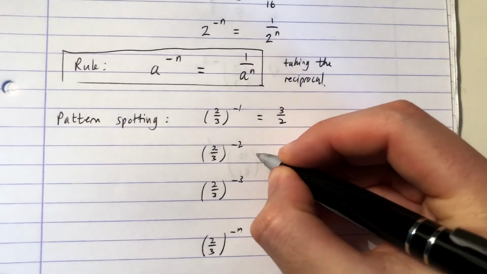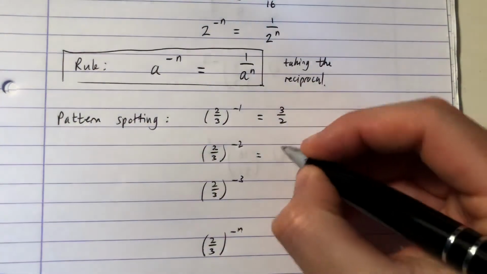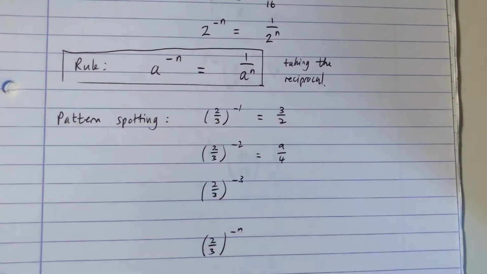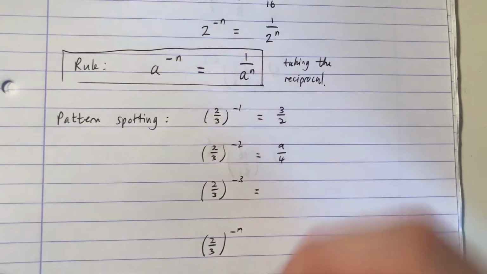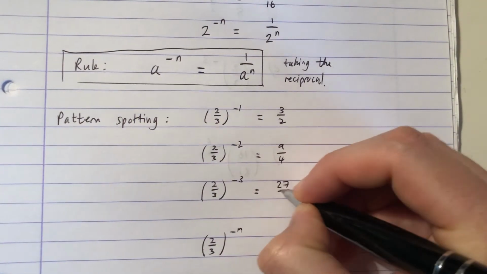Okay, the next one, if you type that into your calculator, it would give you 9/4. And some of you might be able to guess the next one. If you type that into your calculator, it gives you 27/8.